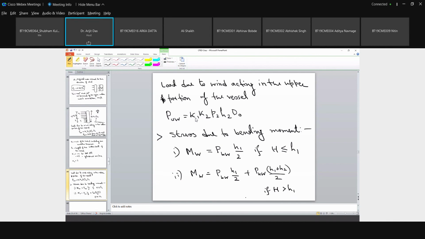So from this we can calculate the bending moment.